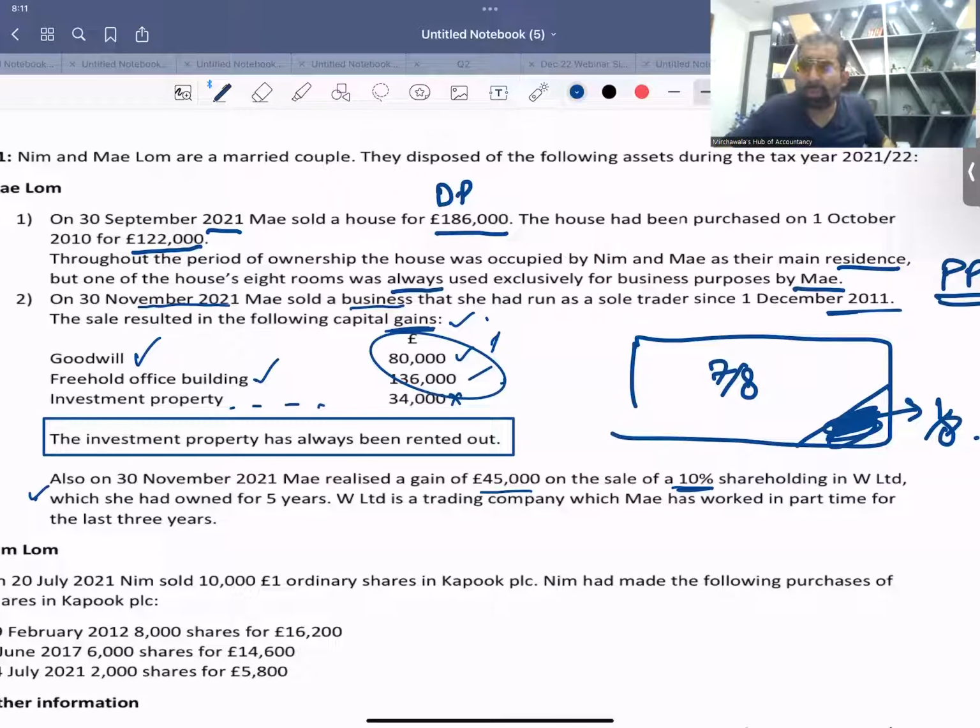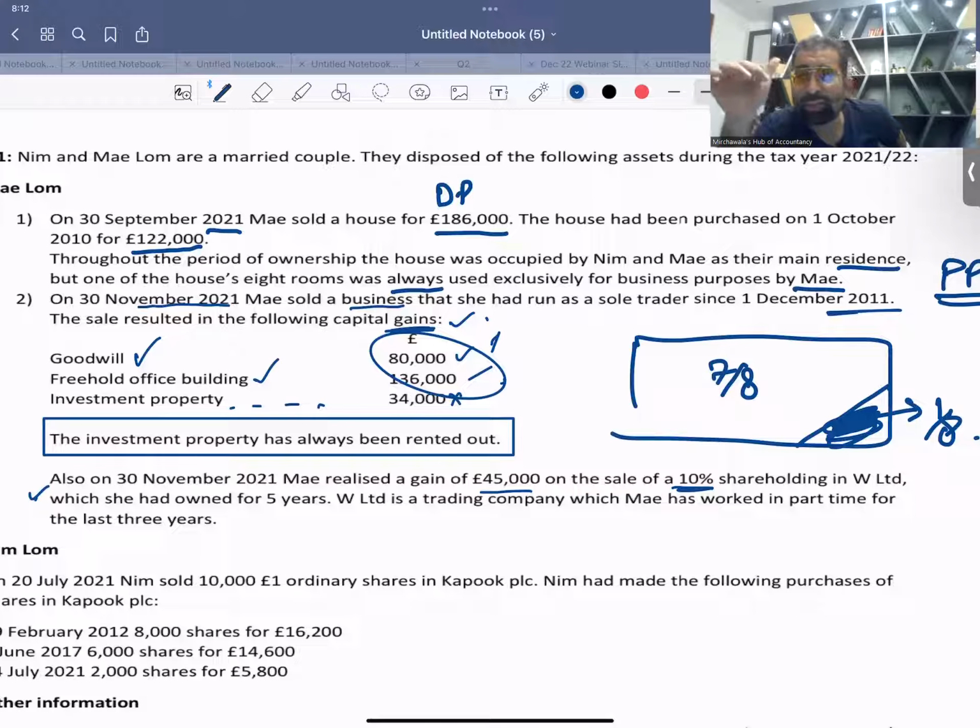Now shares. You remember there is one more way for BADR. What was that? Let me count for you. You sold shares. You must have more than 5% holding in that company. That company must be a trading company. You are an employee of that company, right? And you hold the shares.